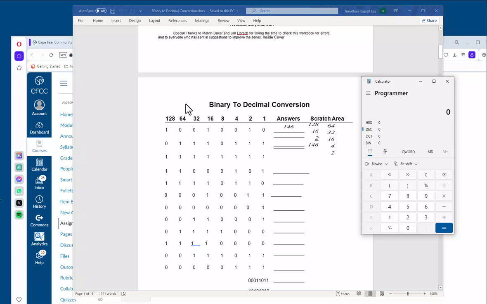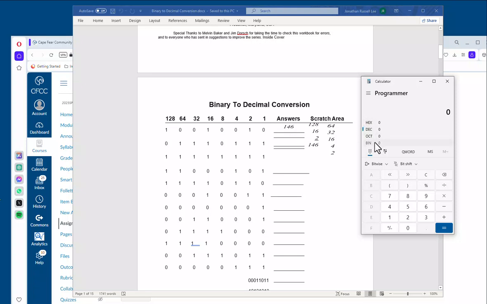Then we've got 16. 128 plus 16 is 144. And if you add 2 more, 128 plus 16 plus 2, that's 146.